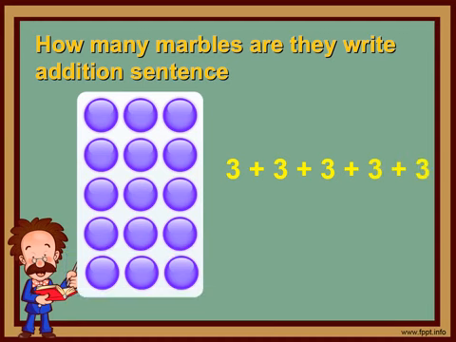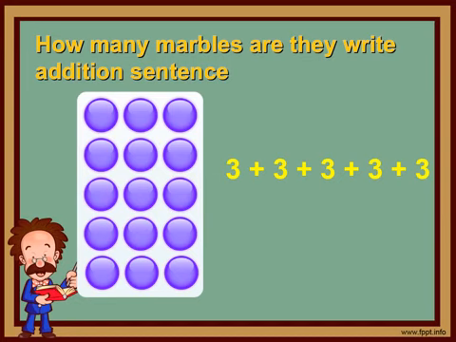So how many rows did I have? 1, 2, 3, 4, 5 rows. How many threes do I have? 1, 2, 3, 4, 5. So 5 rows, and in each row I have 3. So I'm going to add 3 five times.